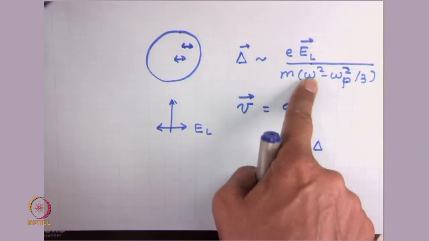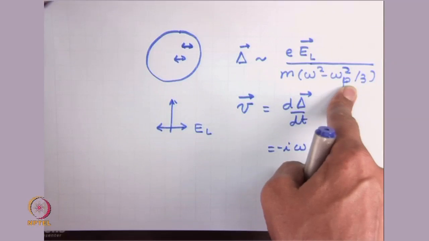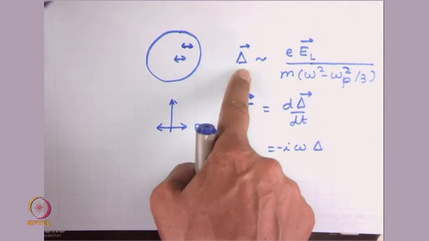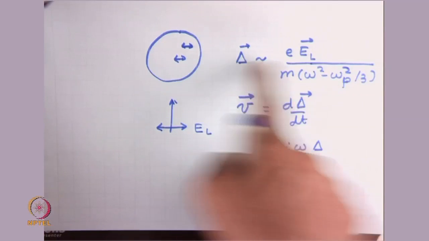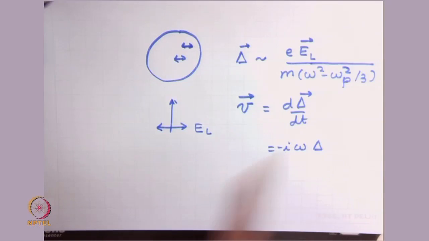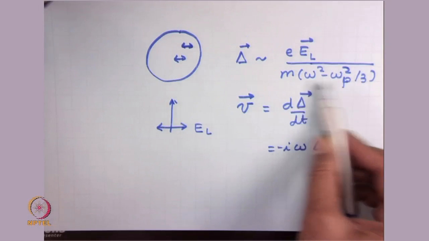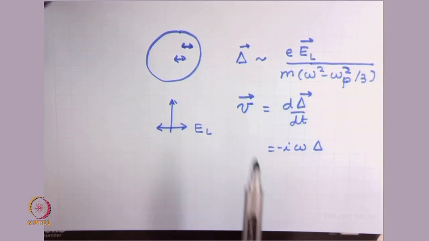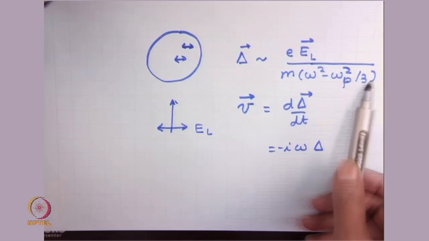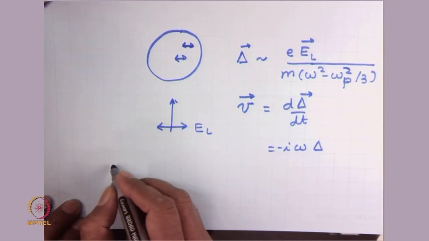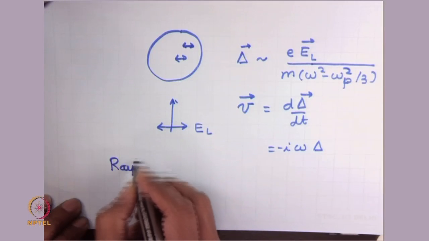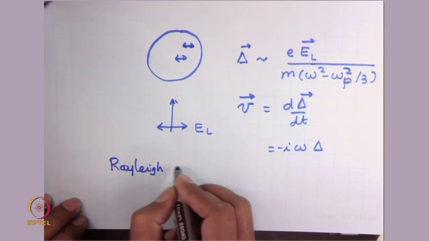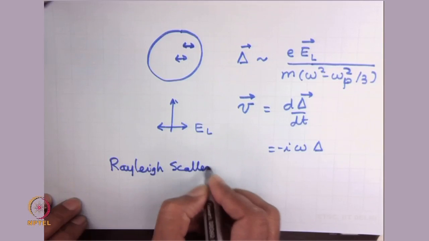If omega is much less than omega p square by 3, then obviously delta will be independent of omega, and V will be proportional to omega. However, a very important thing occurs when omega is close to omega p by root 3: this V is enhanced by this resonance, and hence the Rayleigh scattered signal is enhanced by this resonance.